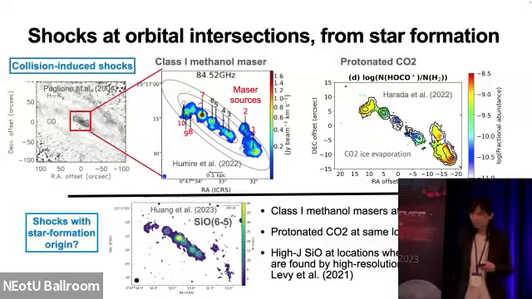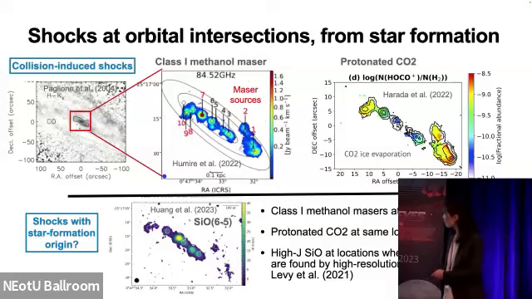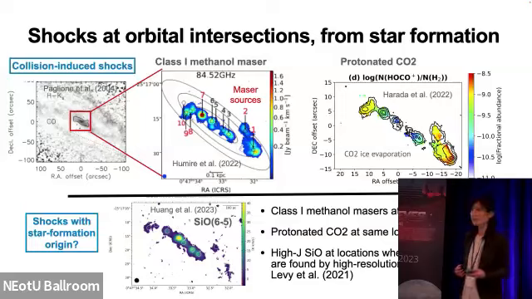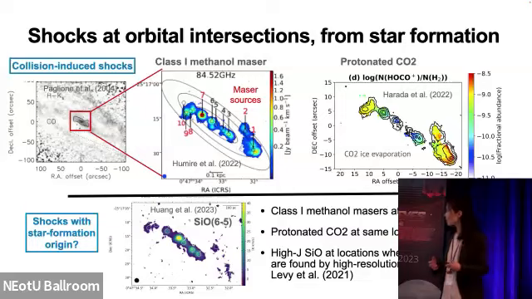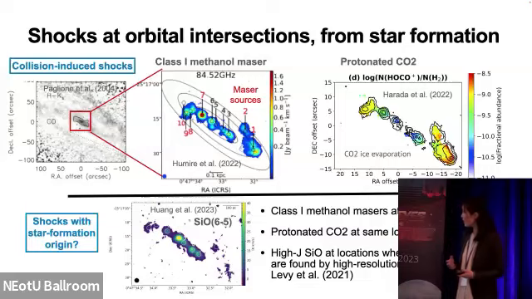SiO 6-5 comes from the regions of starbursts, not at the orbital intersections. And when I looked at the peak after Fun et al. was accepted, I realized that the peaks correspond with locations of peak signal profiles detected with high angular resolution observations.